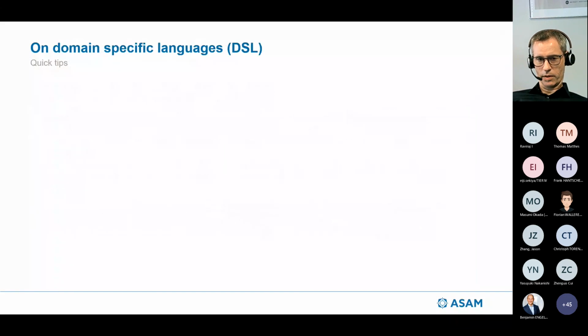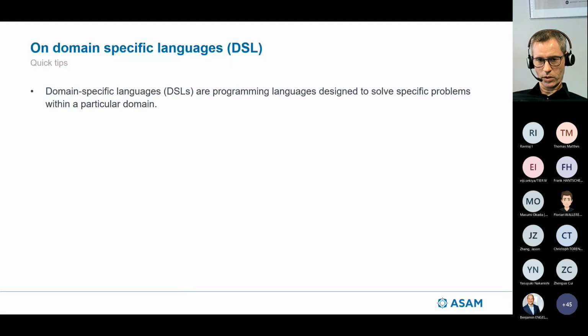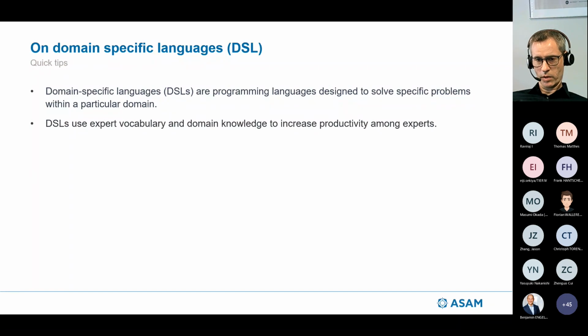Okay, some thoughts on domain-specific languages. Domain-specific languages are programming languages designed to solve a specific problem in a particular domain. So they use the expert vocabulary and domain knowledge to increase productivity among experts, so a high information density for experts. They provide an excellent expression power and readability for experts.